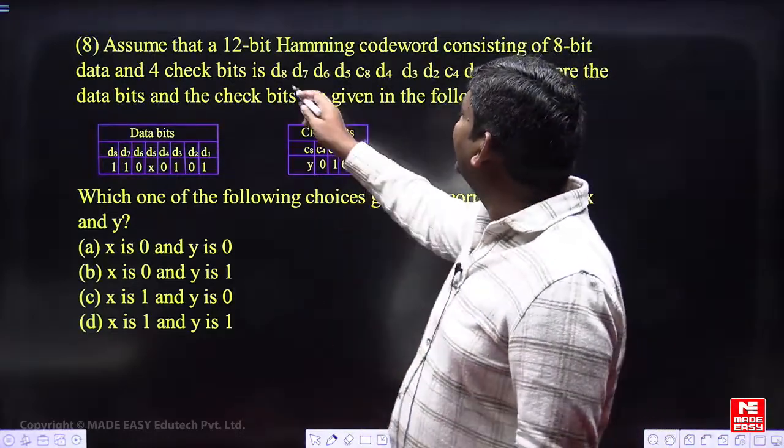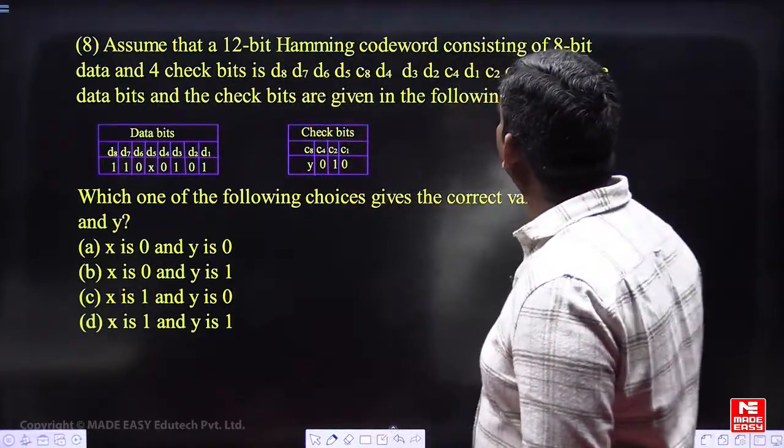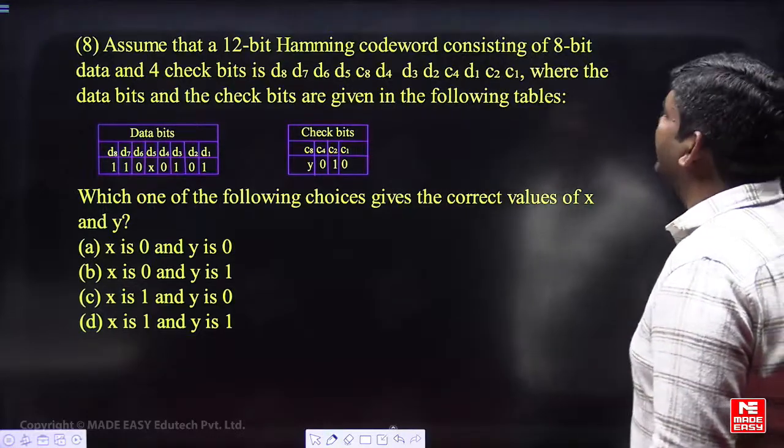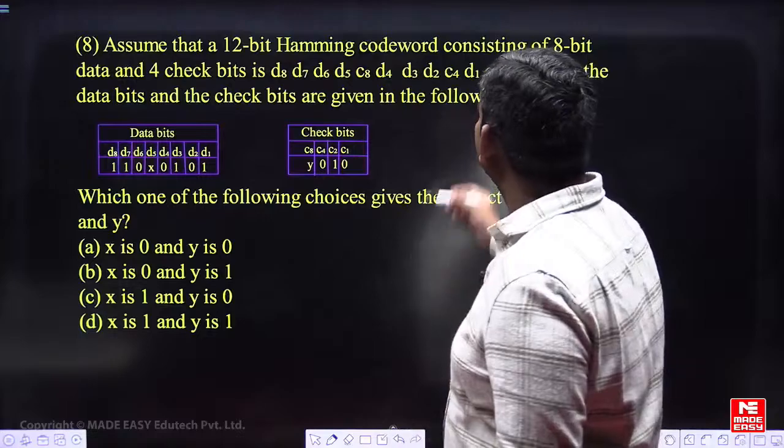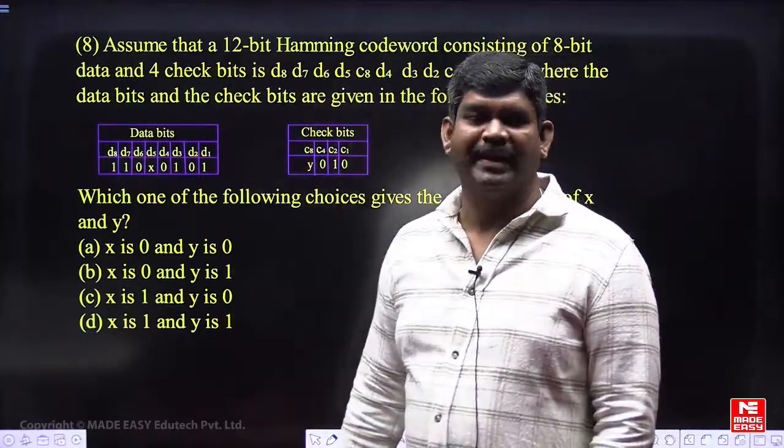See, assume that a 12-bit Hamming code word consisting of 8-bit data and 4 check bits they have mentioned. So 8 plus 4, how much is it? It is 12 bits.